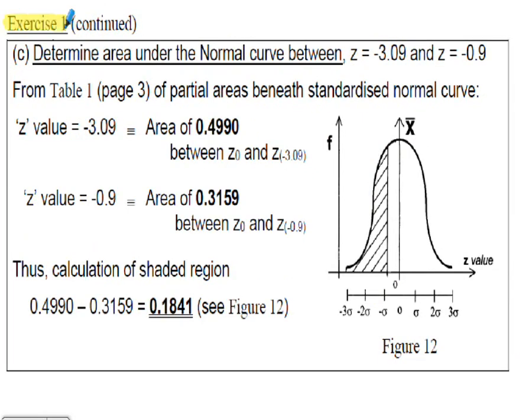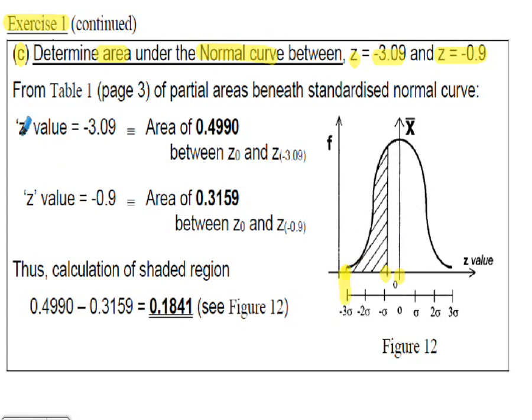Okay, exercise 1, part C. We're asked to find the area under the normal curve between z is equal to minus 3.09 and z is equal to minus 0.9. So on our bell-shaped diagram here, don't forget the z is equal to 0 is here. So z is equal to minus 0.9 will be somewhere there, and z is equal to minus 3.09 is then in this region here.